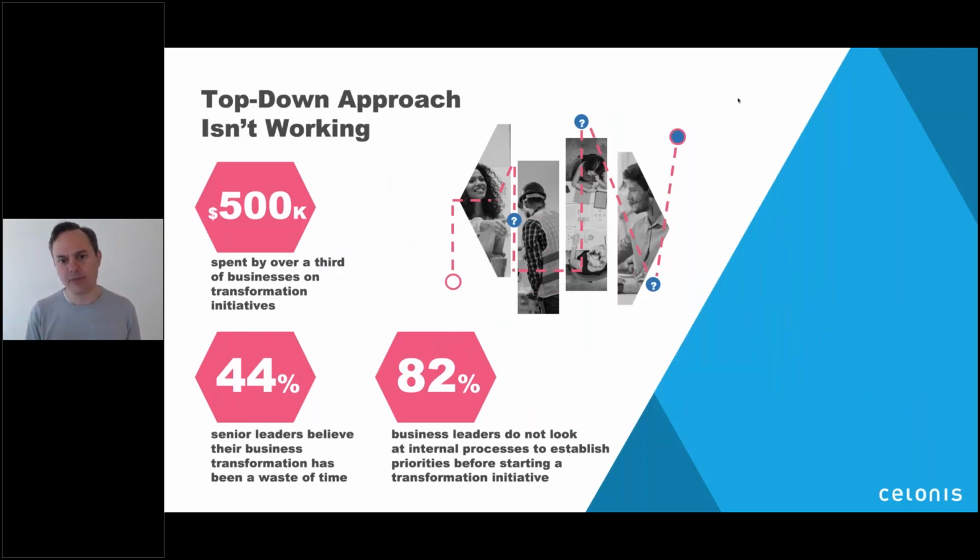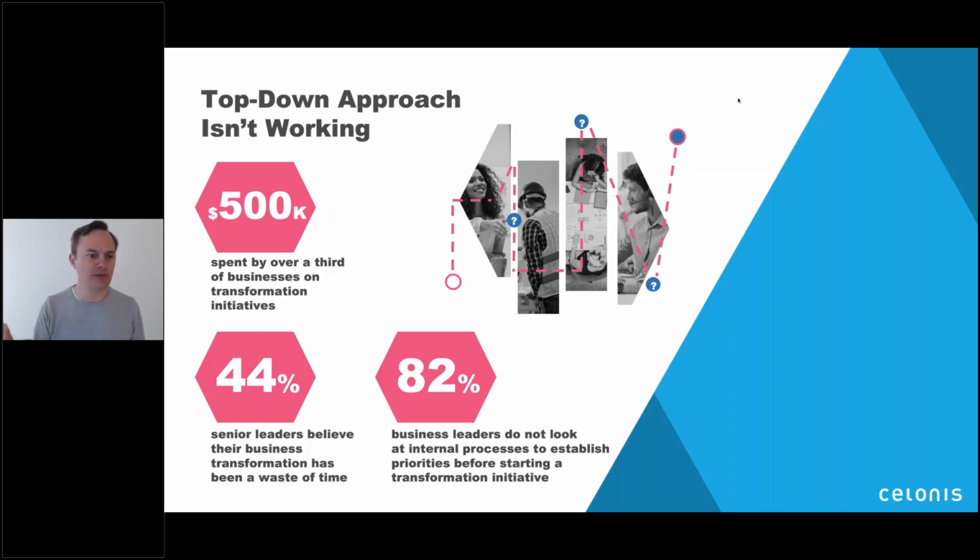If you look at how businesses are working to remove friction and transform themselves to become those next generation businesses, they spend a lot of money on this. So we did a set of research with 2,000 individuals. What was brilliant about this research is we asked the senior executives inside these organizations about their business transformation initiatives, and we asked the people who are actually doing the work, the practitioners.